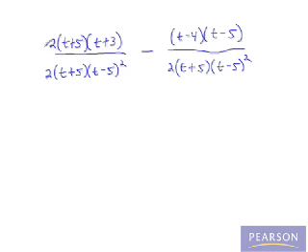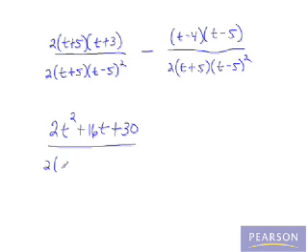Our first fraction, when we multiply 2 times (t + 5) times (t + 3), we will get 2t² + 16t + 30 over our denominator, 2 times (t + 5) times (t − 5) quantity squared.